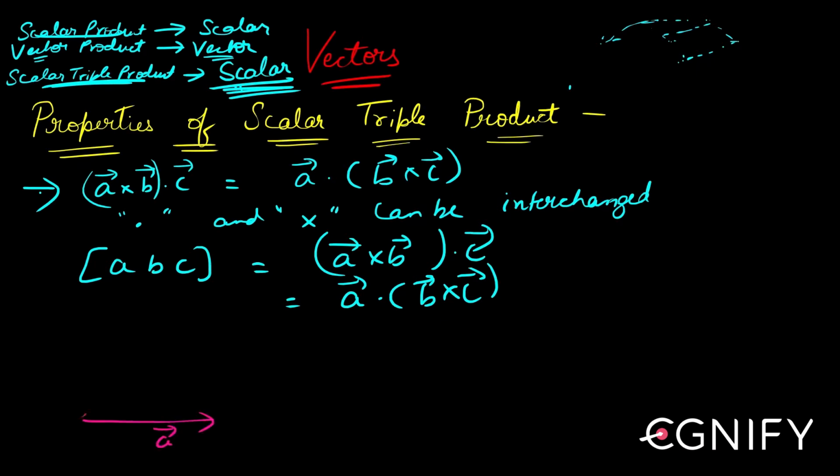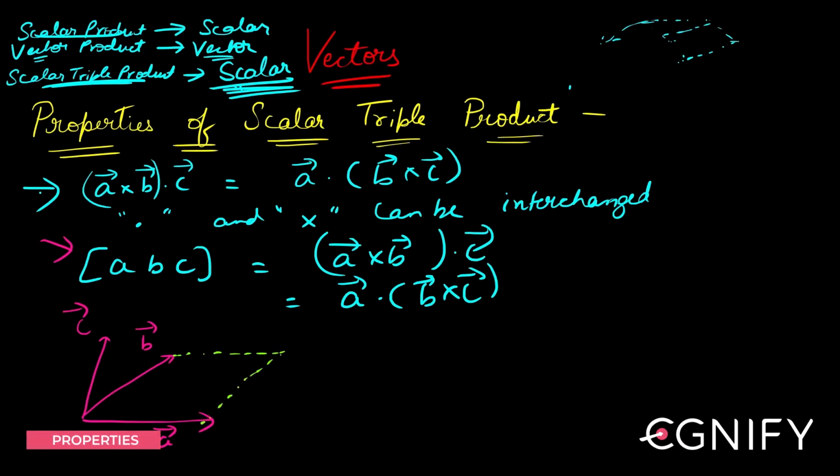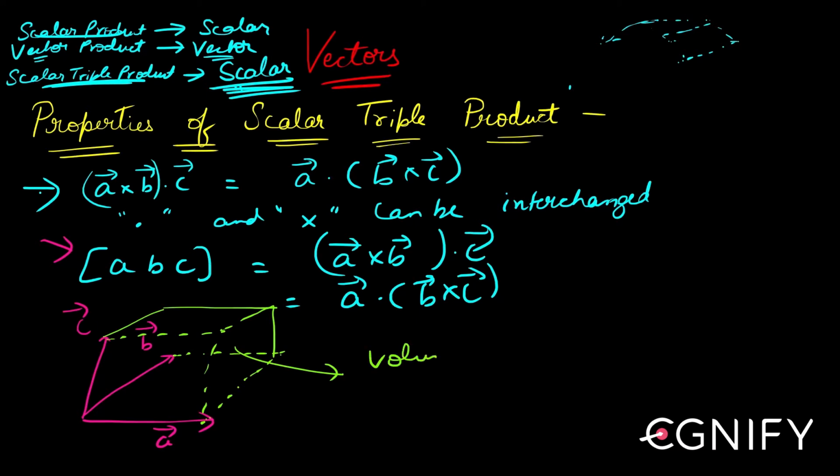If I have three vectors A bar, B bar and some C bar like this, what is box ABC going to give me first of all? It is going to give me the volume of this parallelepiped, right? So this is the parallelepiped that will be formed using these vectors as the edges. So the volume of this is your box ABC.